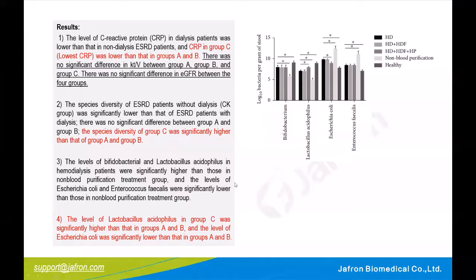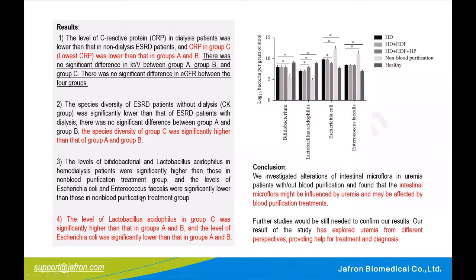So the doctors think that the intestinal microflora can be improved in uremia and might be affected by the blood purification method. And also they wanted to further study this area so as to explore uremia from different perspectives, to help push forward clinical development.